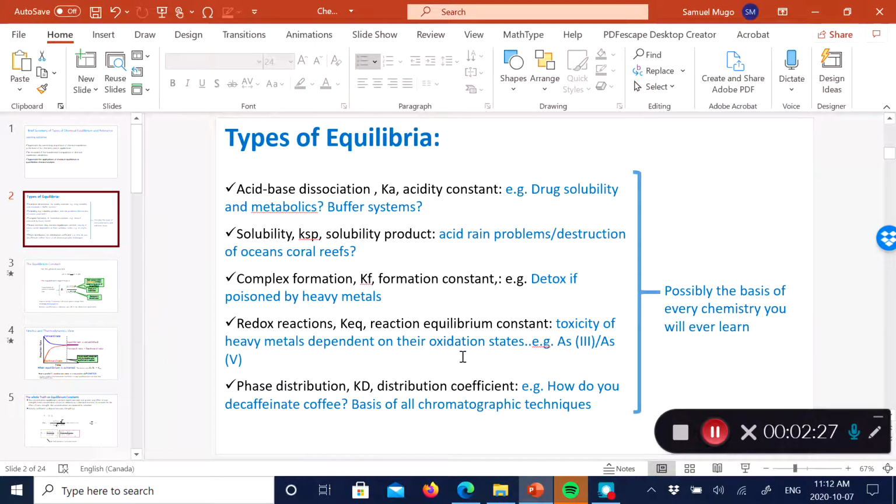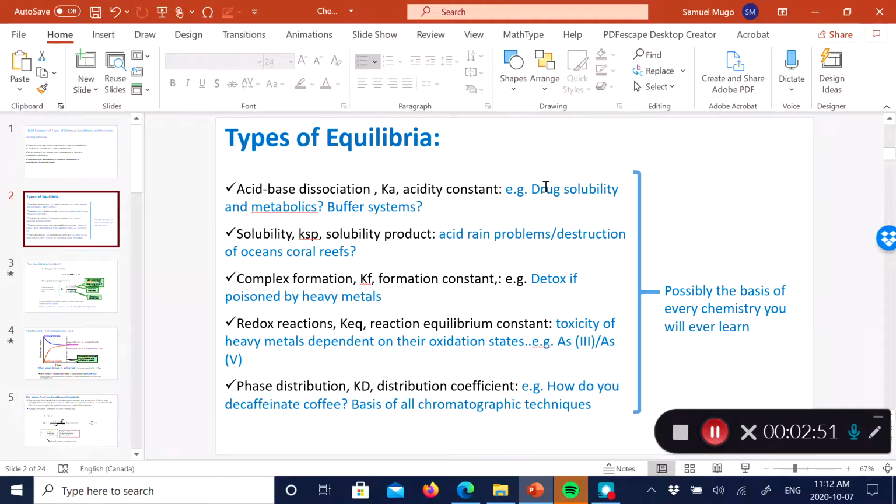Of course, I've only highlighted a few relevant applications in real life of these different types of chemical equilibria. For example, in acid-base equilibria, you come across it in lots of different environments, be it in the environment, be it in human or animal physiology and so on.